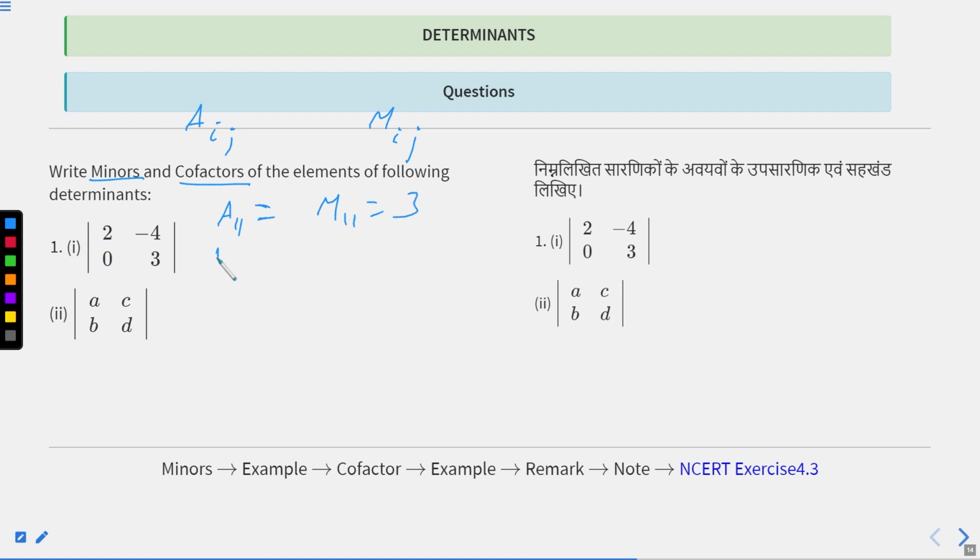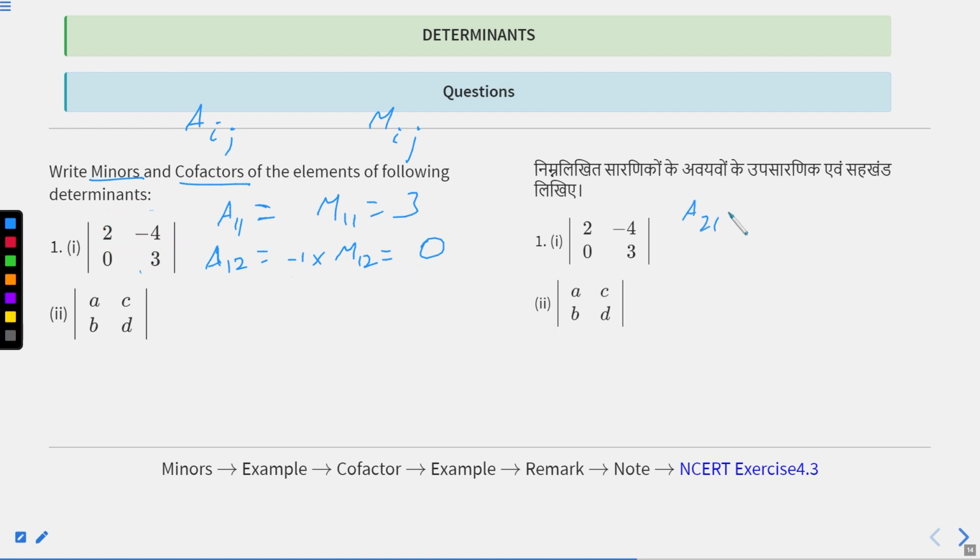What about A12? It will be (-1) power 3, which means just -1 multiplied with M12. M12 means eliminate first row, second column, and you are left with 0, so this will be 0. Clear? This will be A12.